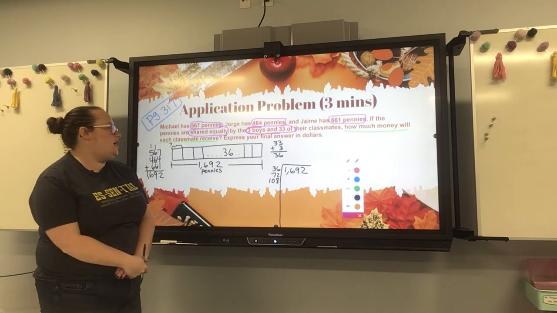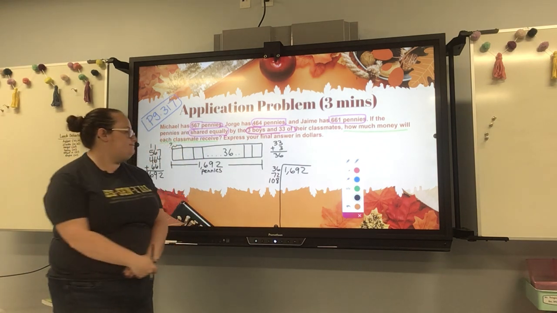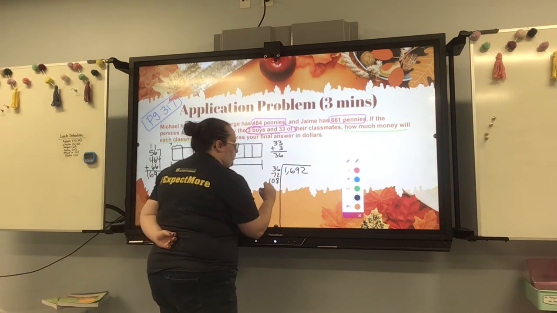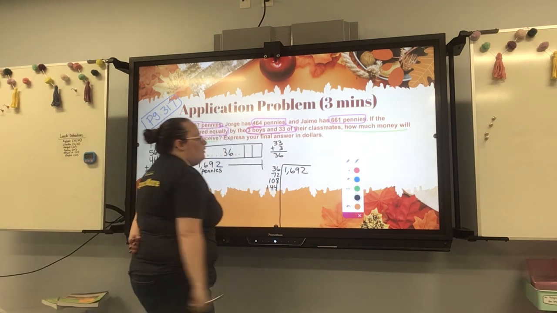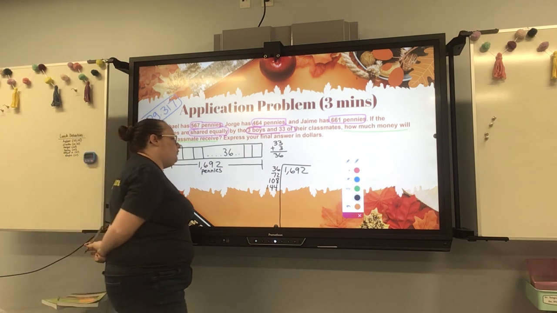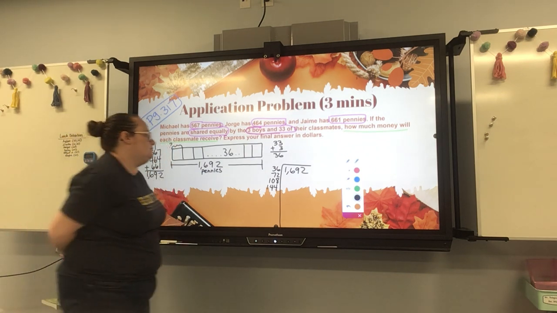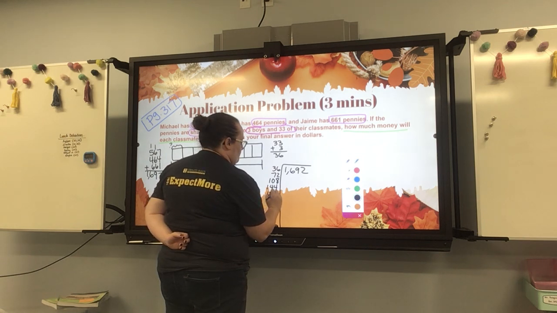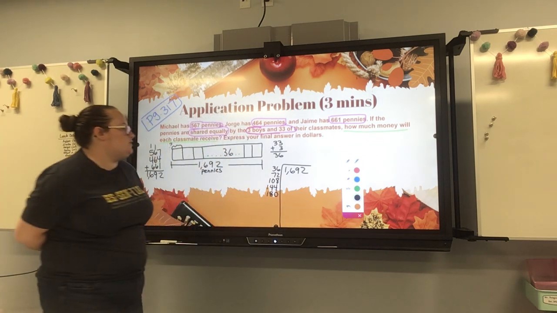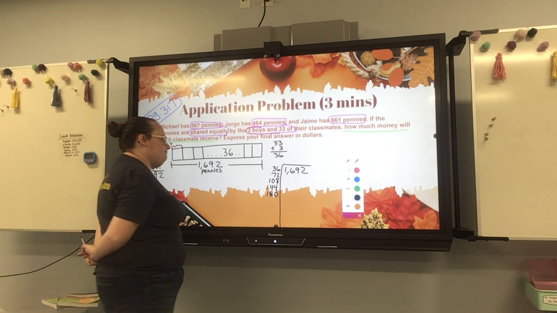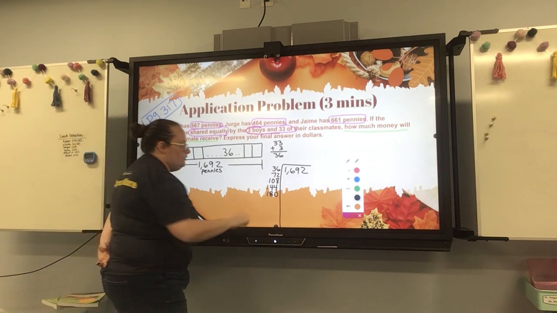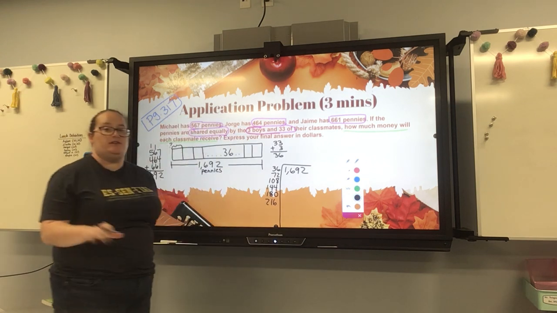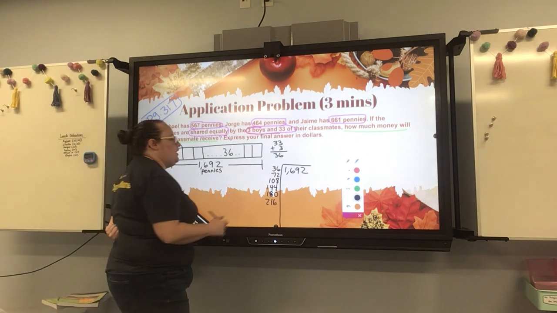What comes after 108? 144. What comes after 144? 180. What comes after 180? 216. We're going to pause our multiples and go ahead and start dividing.